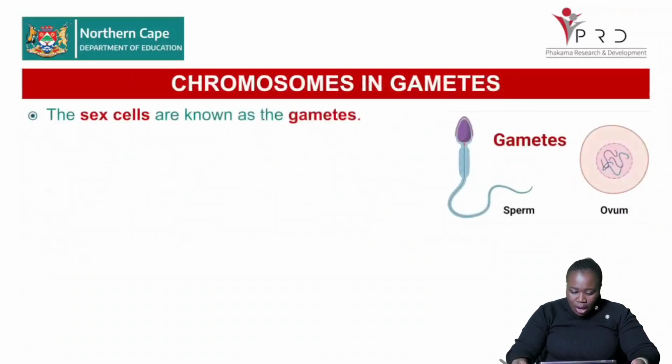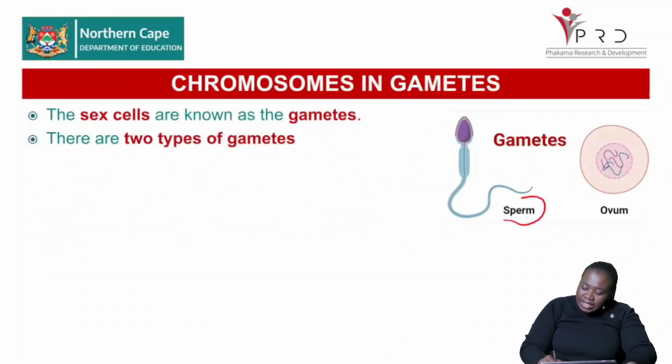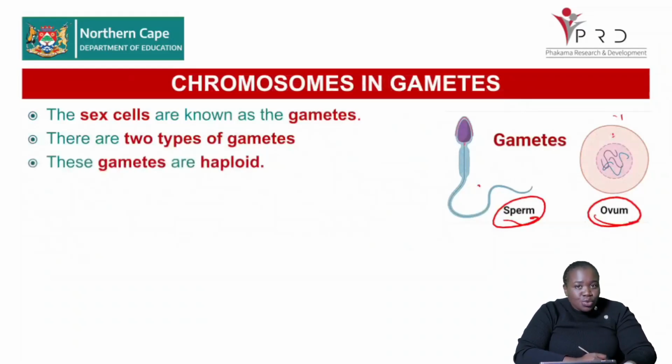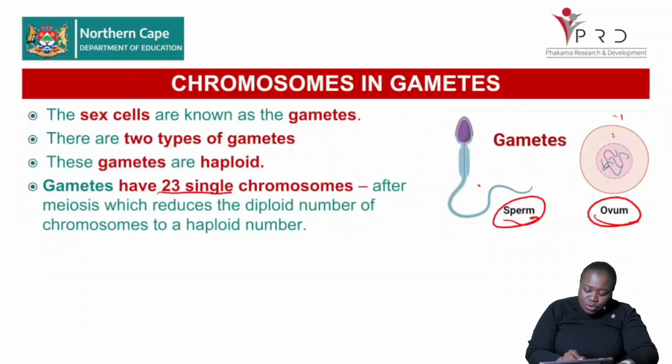Okay, so our gametes or our sex cells, here we are referring to the ovum in females and the sperm cells in males, right? So those are our two types of gametes, and both these gametes are haploid. They contain 23 single chromosomes.